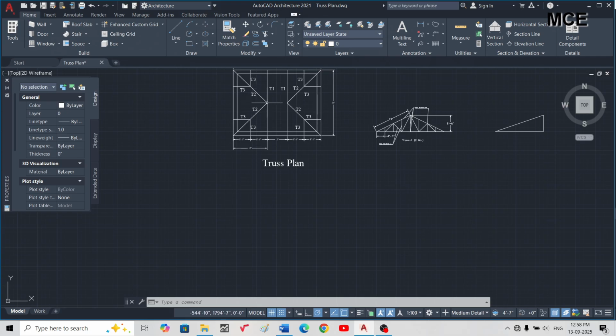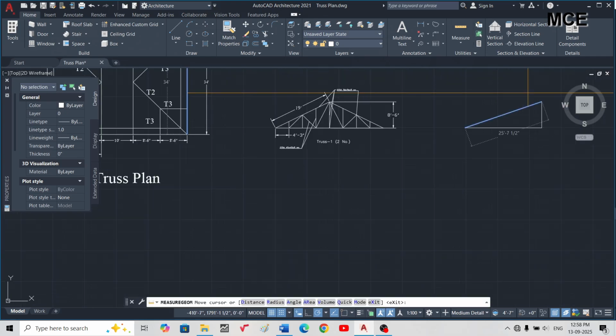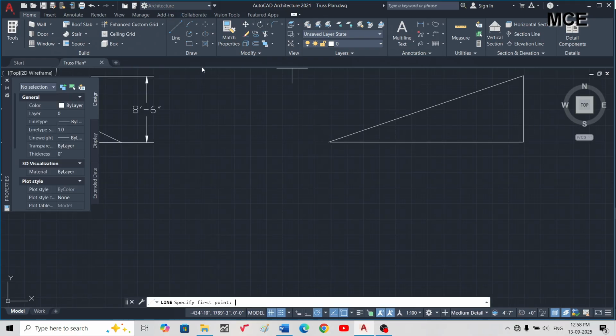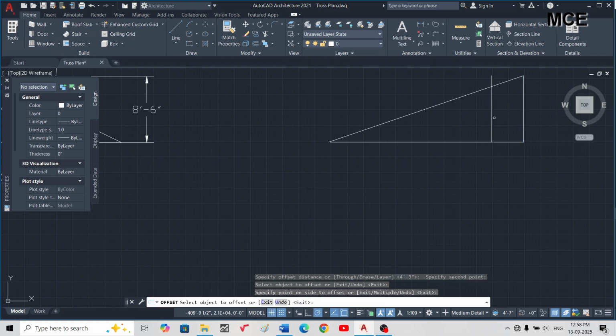So the bottom chord is 24 feet. We will divide it into 6 equal gaps, so each gap will be 4 feet. Take the offset command from this, measure 4 feet. One, two, three, 4 and 5.